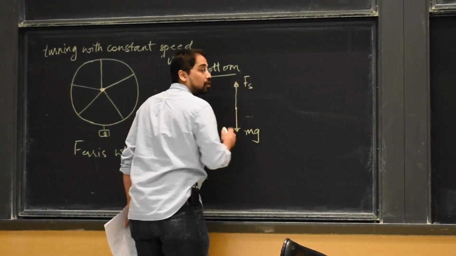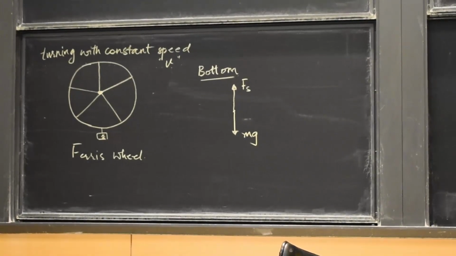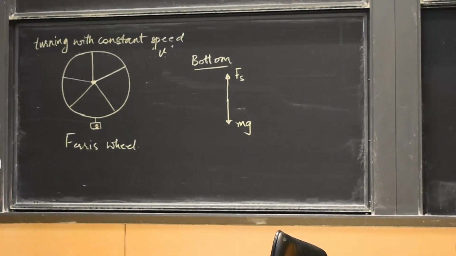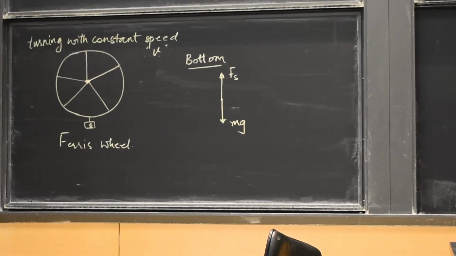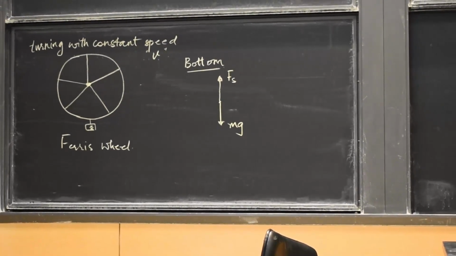And there's a normal force on me from the chair, so that the chair holds me in place. What else? Am I missing something from this picture? Is this all there is to it? The Ferris wheel is spinning with a constant speed v. What else must I have here?